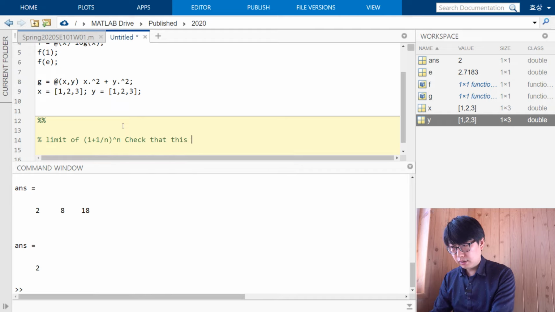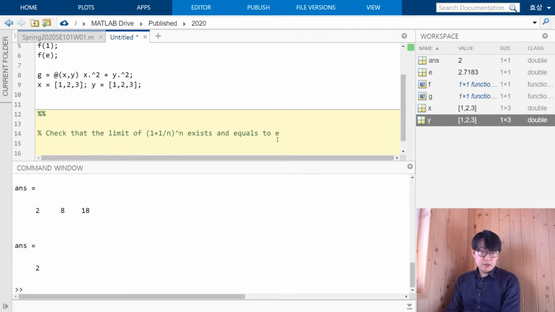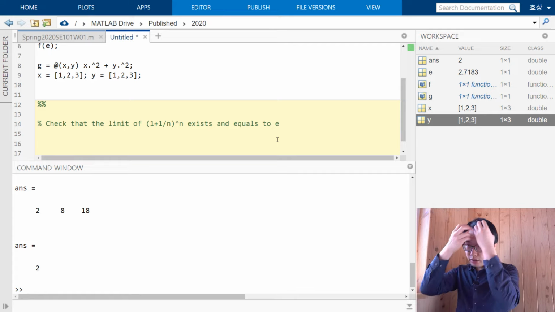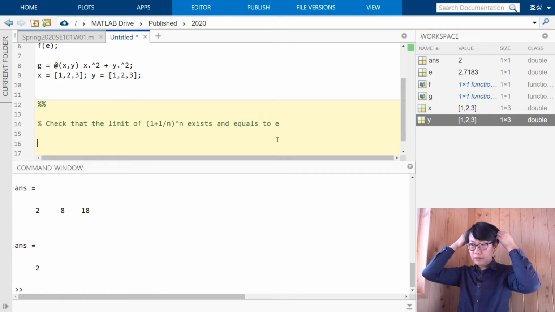We want to check that the limit of this sequence exists and equals e. So how do we check that the limit exists?